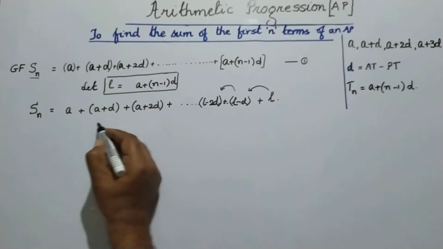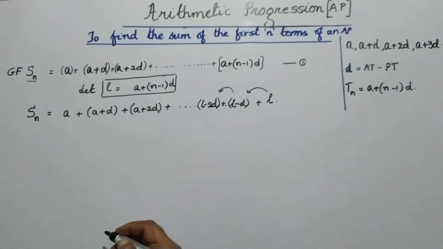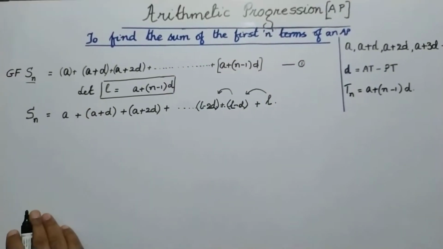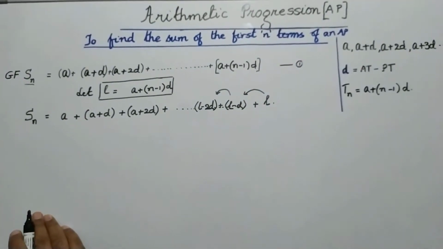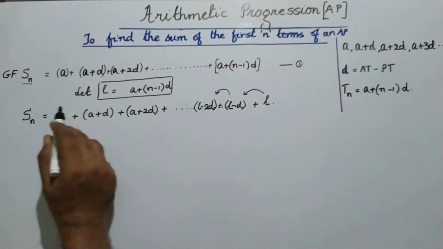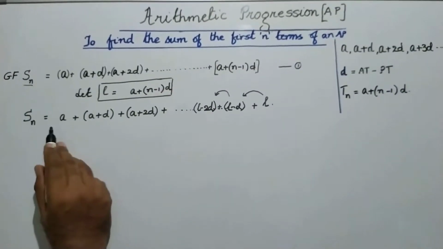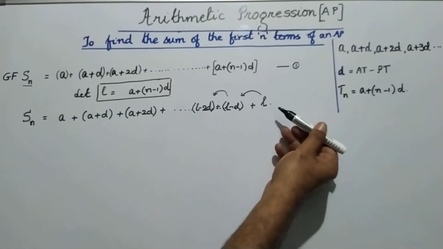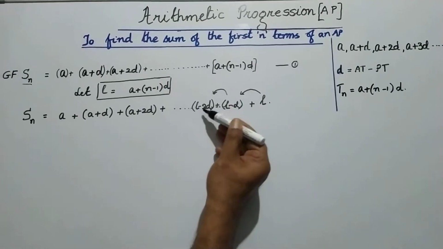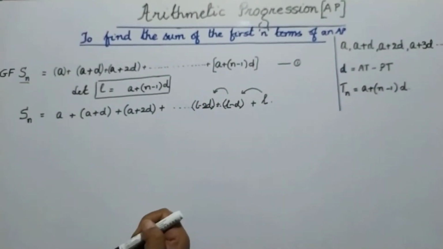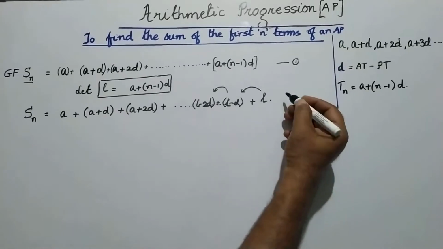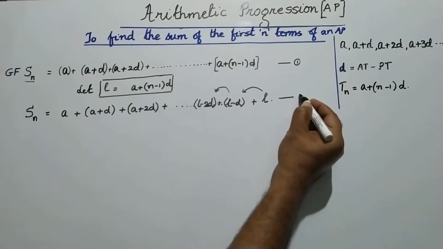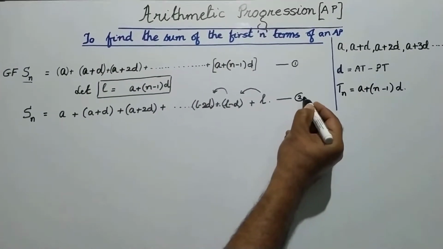I can continue filling it up, but I'll stop at that stage. So in the ascending direction, I have 3 terms. In the descending direction, I have 3 terms. I have made it symmetric. I will take this as equation number 2.